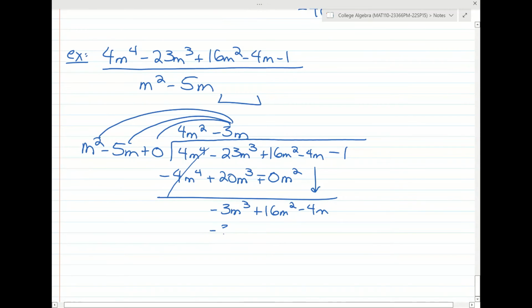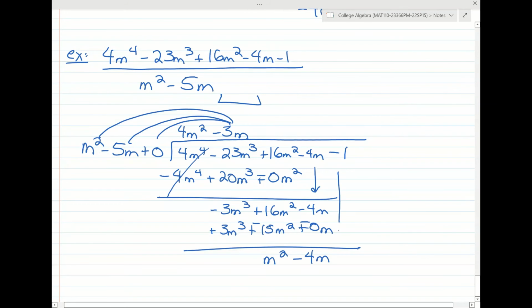So this would just be negative 3m to the third plus 15m squared plus 0m. And then we subtract them. So this would cancel. This would just be 1m to the second minus 4m, and then just bring down the negative 1.